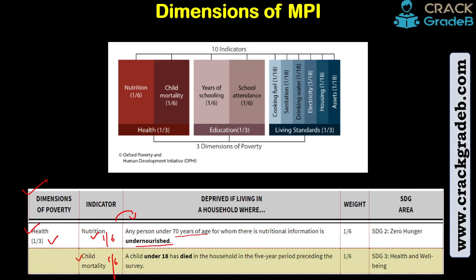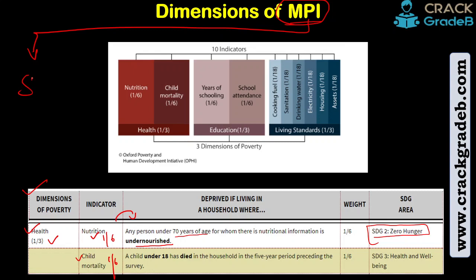Any person in the age bracket from 1 day to 70 years counts. This caters to SDG 2. Overall, the MPI caters to SDG 1, poverty.